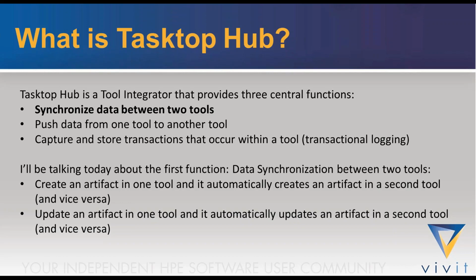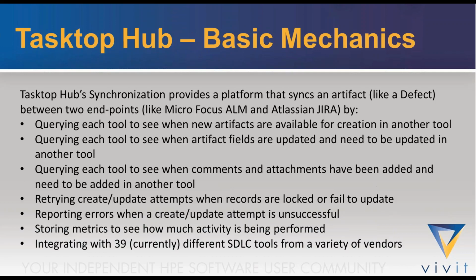And then Hub can do a couple of other things, like push data from one tool to another as a generic endpoint. It can also capture and store transactions for transactional logging in case you have a tool that doesn't have any logging or doesn't have sufficient logging. It can provide that as well.